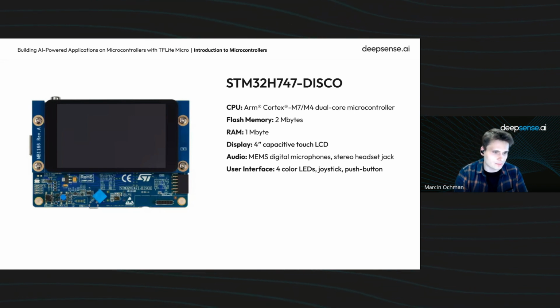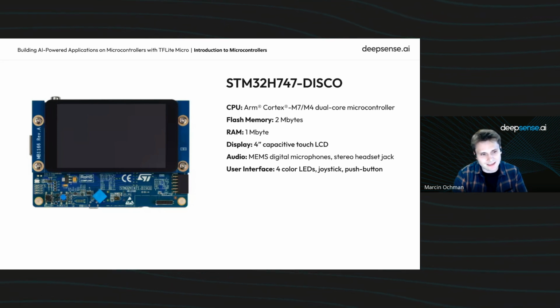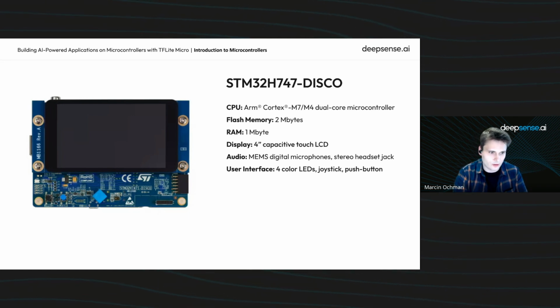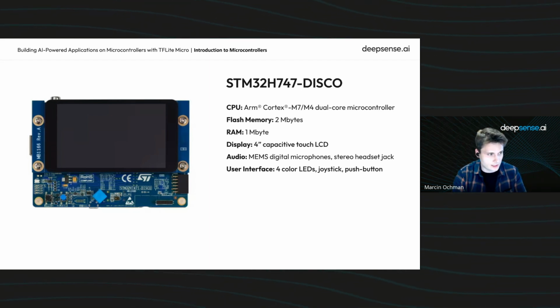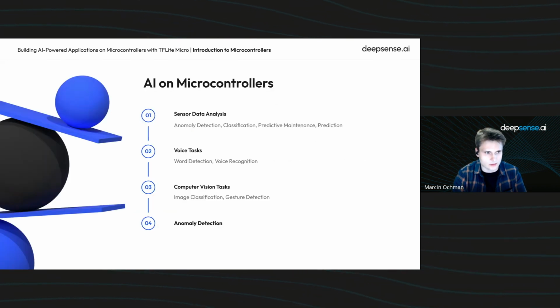For example, many vision models require tens or even hundreds of megabytes of memory, and LLMs like Llama 3 require even several gigabytes. So the challenge lies in the choice of small models and optimizing them to fit within these constraints while maintaining their accuracy and preserving their functionality. So this highlights the difficulties of deploying AI models on microcontrollers.